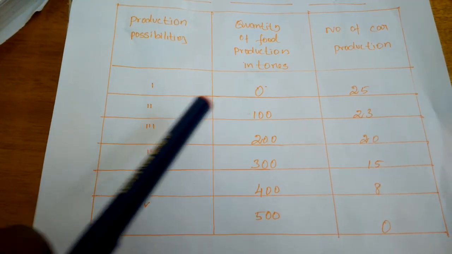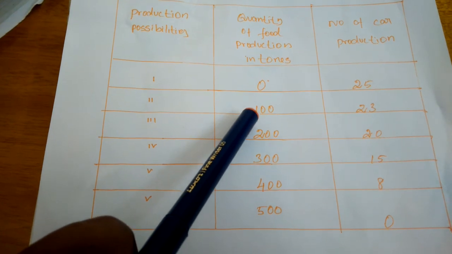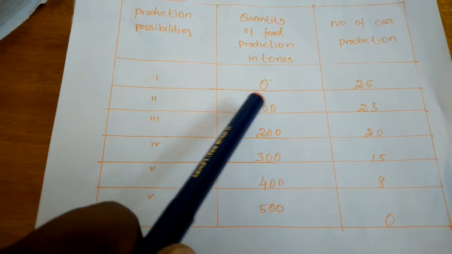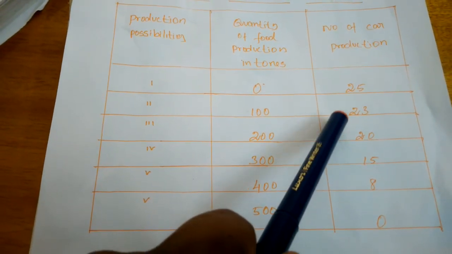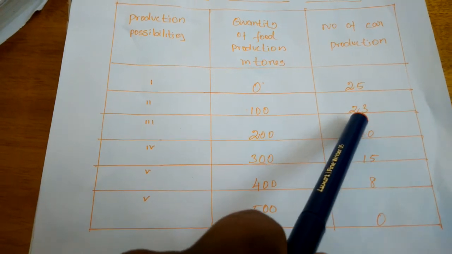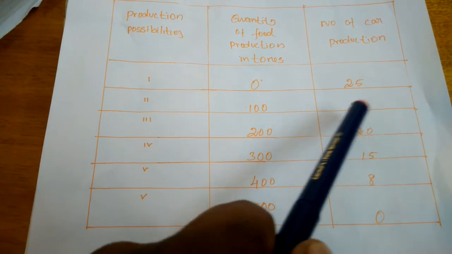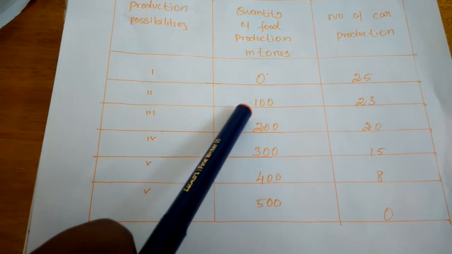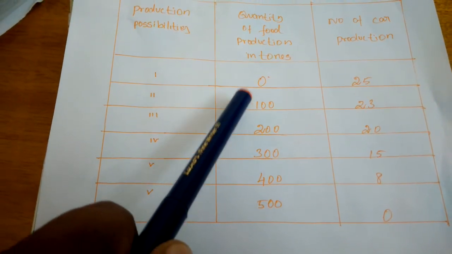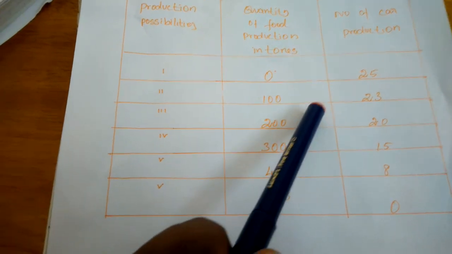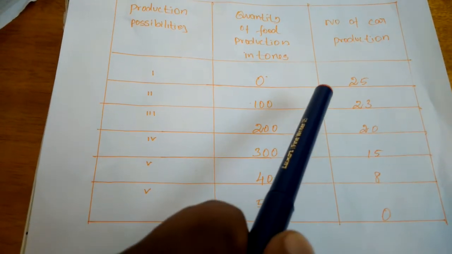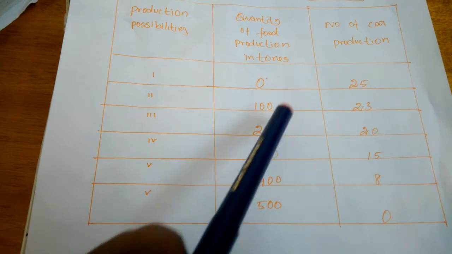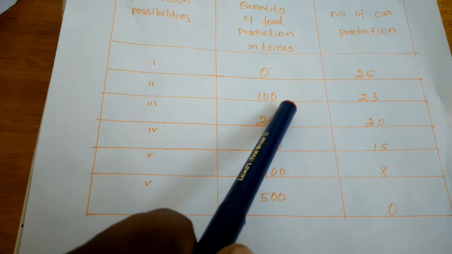In the second possibility, the government can produce 100 tons of food, reducing cars by 2, so 23 cars can be produced. By giving up only 2 cars, we can produce 100 tons of food.